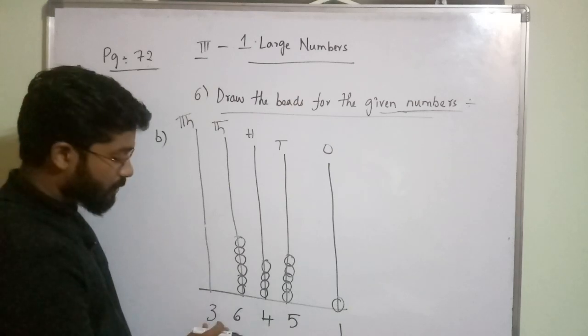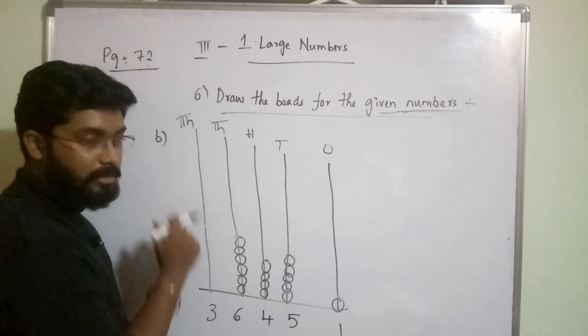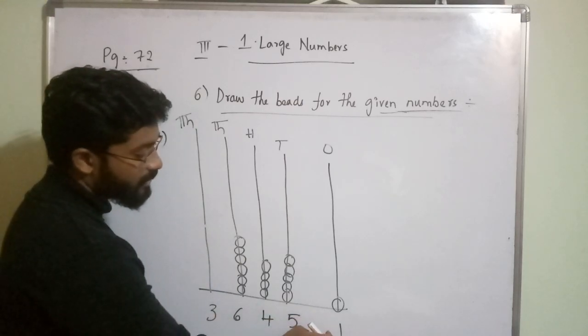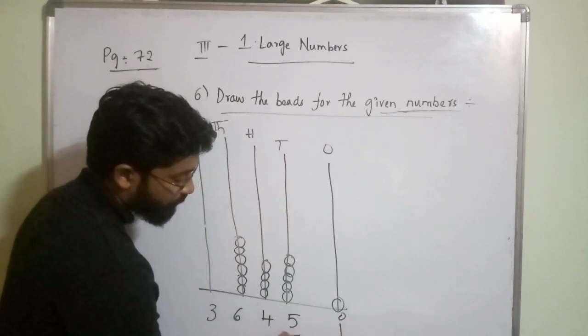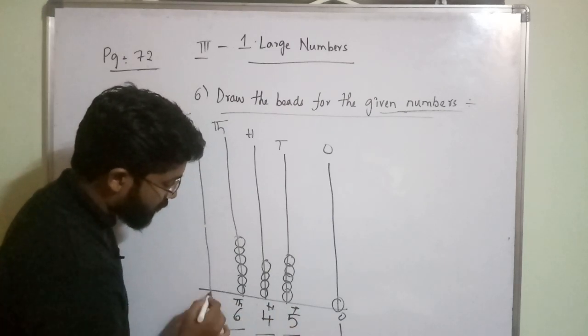The number itself is saying how many beads you have to draw. This is the number system: ones place, tens, hundreds, thousands, 10,000s.